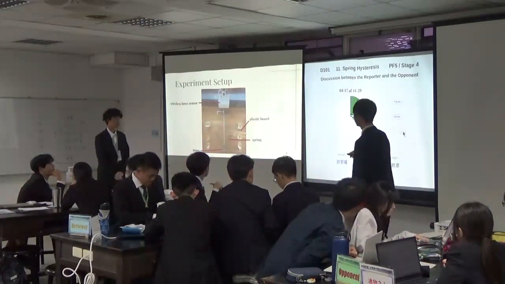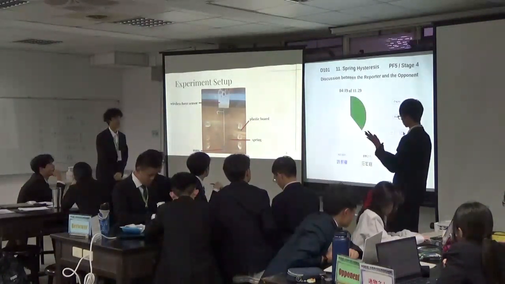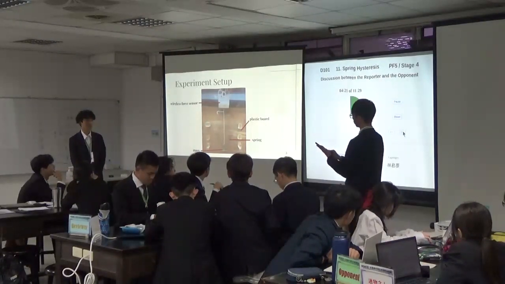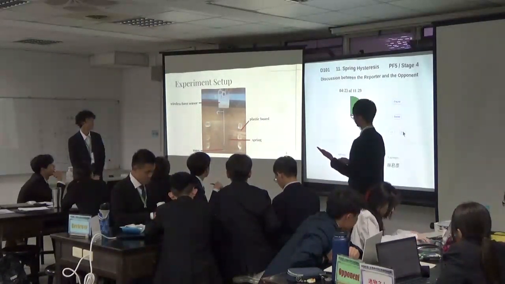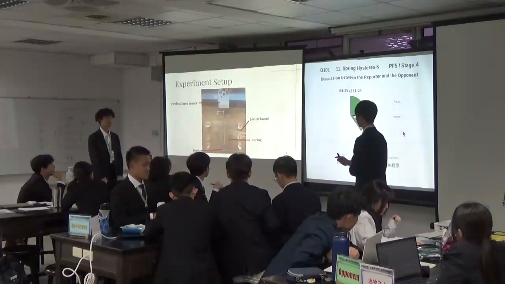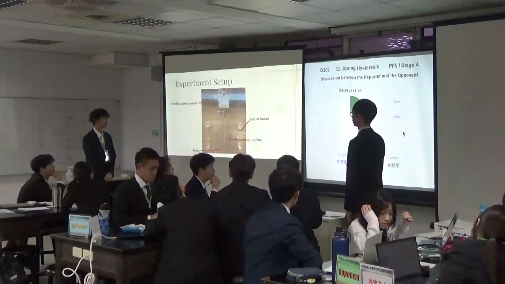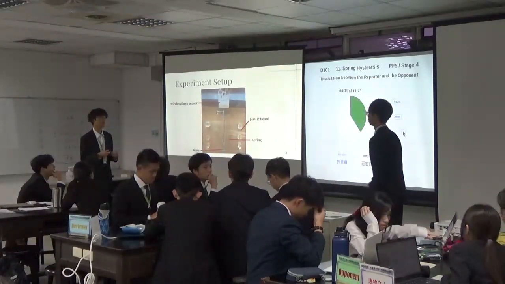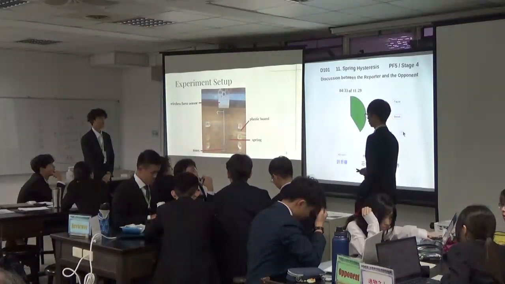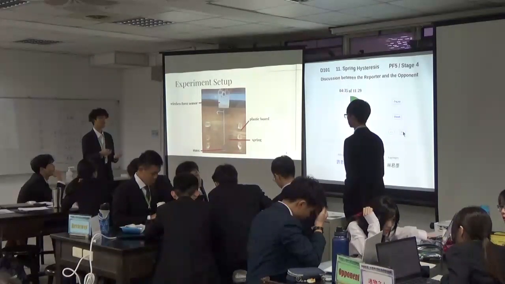Does the spring touch the wooden board? Yes, the wooden board. Do you think the results will be affected by the friction between them? Yes, and I think this is included in our error. It's one of the factors of the error.